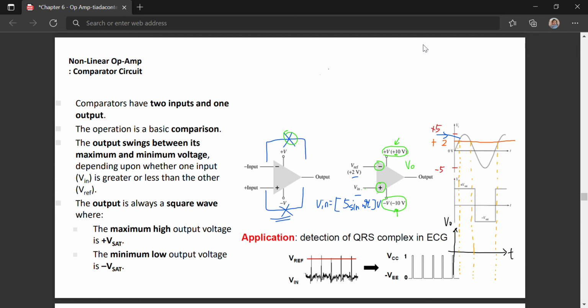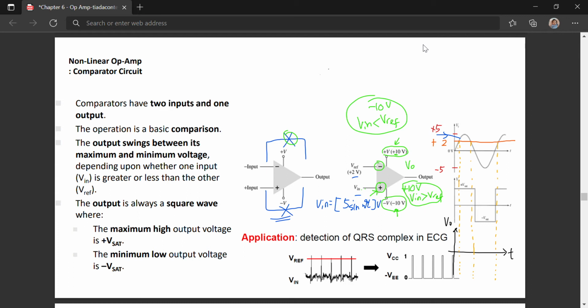And then for this case, since your Vin is at the positive part, if Vin is greater than Vref, your output will be positive 10 volt. However, if your Vin is less than Vref, your output will be negative 10 volt.